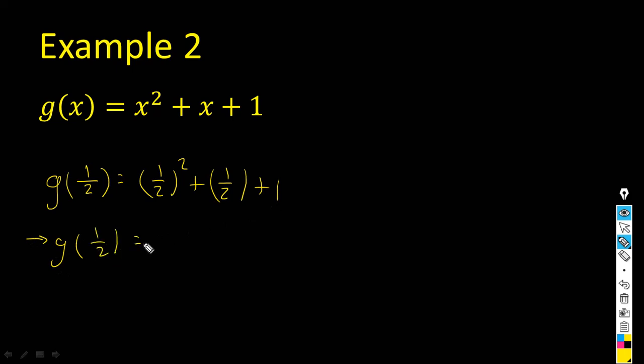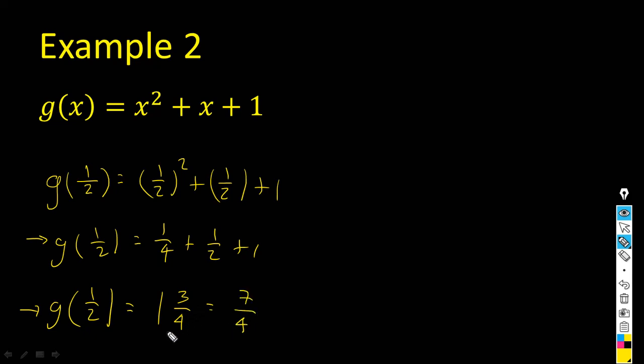And in the end, this will be 1/4 plus 1/2 plus 1, and g of 1/2 will give me in the end, how much is this? This is 3/4 plus 1, one integer and 3/4 or 7/4, right? So this is the value of the function when we evaluate such function in 1/2.